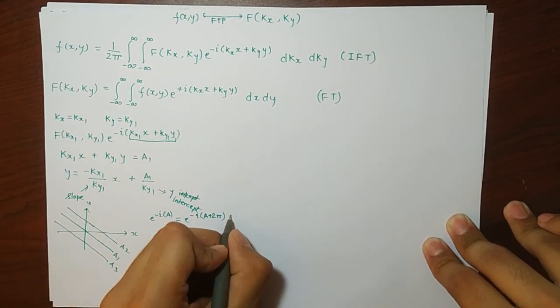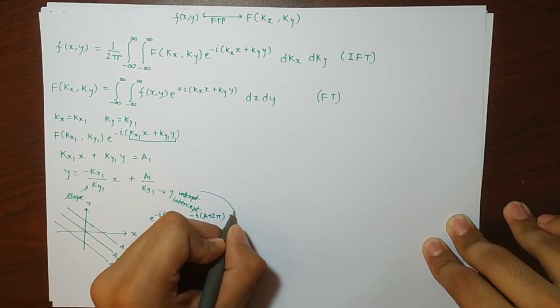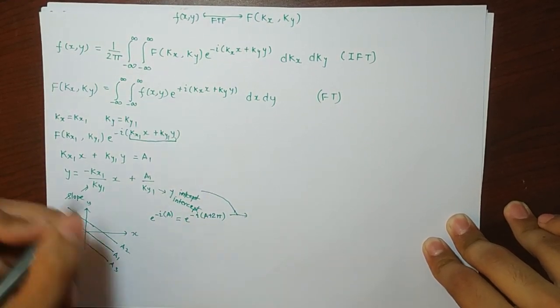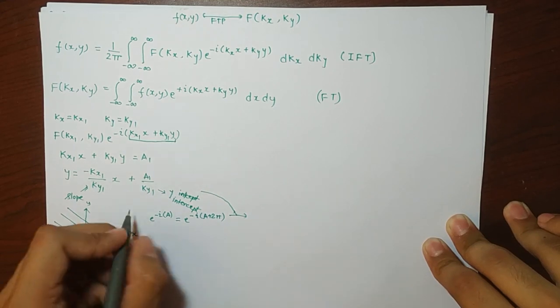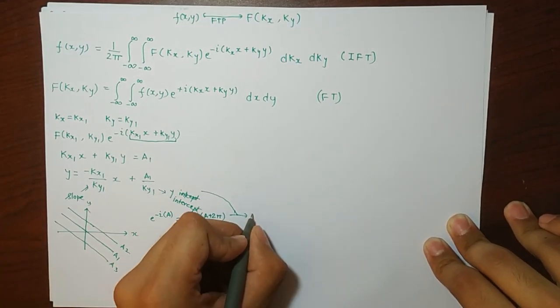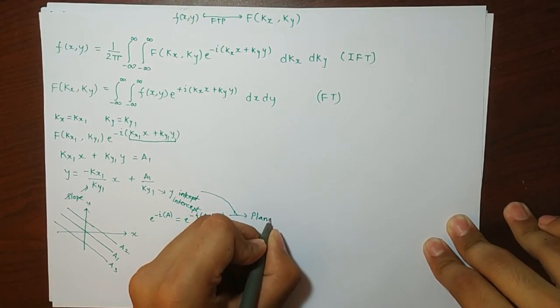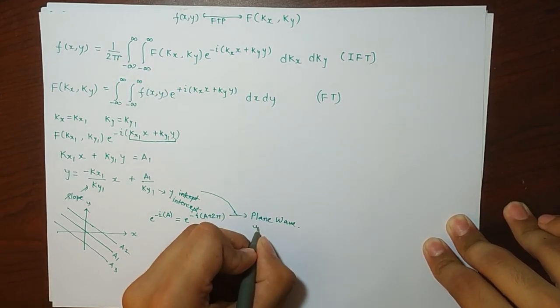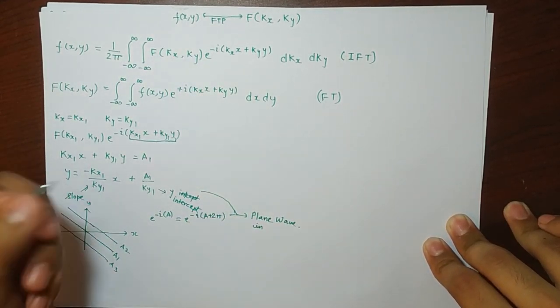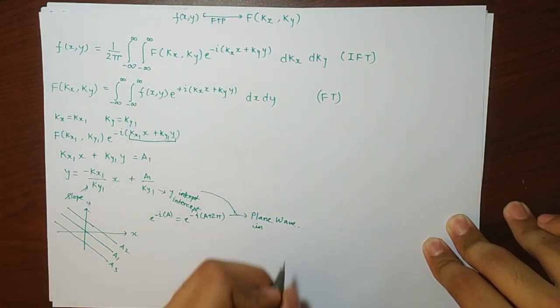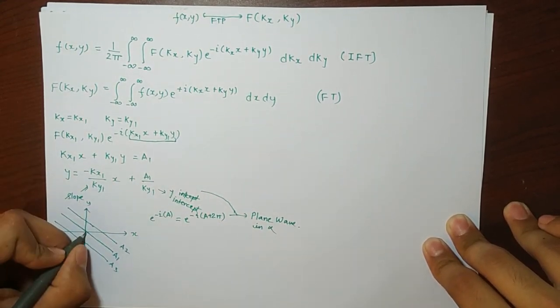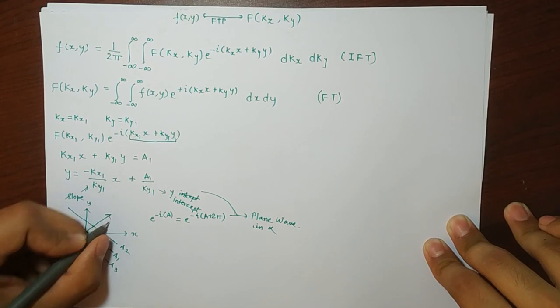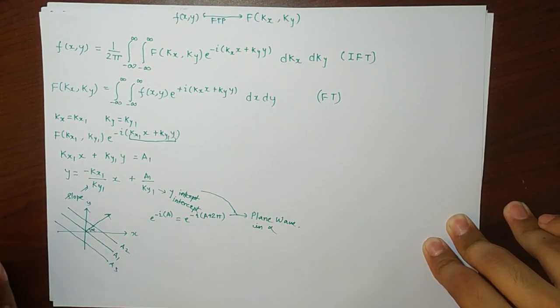So from this and from this, we can conclude that e to the power of this is a plane wave in some direction, let's say alpha. So I assume that this is alpha.